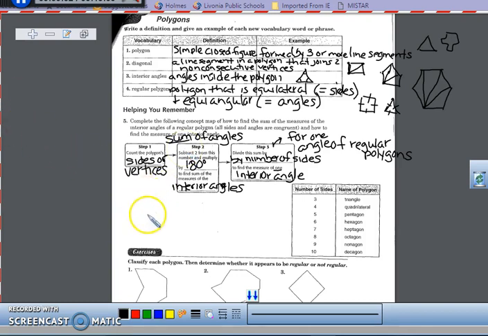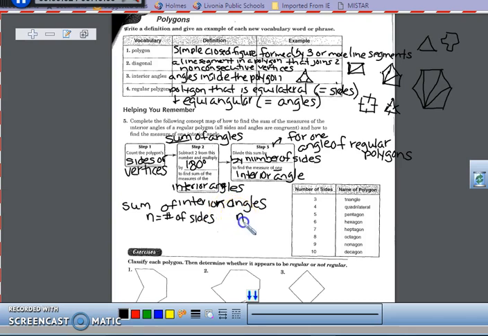Alright, so down here, let's make a formula out of this. If I want to find the sum of interior angles, n equals number of sides.